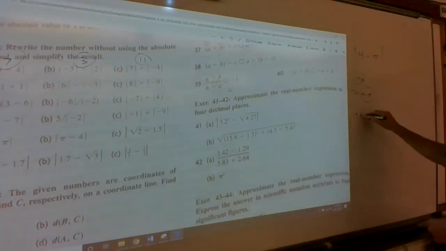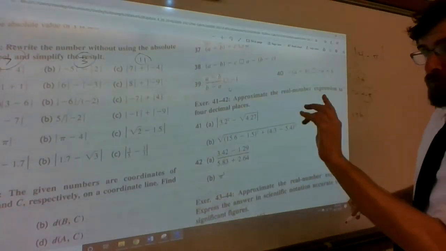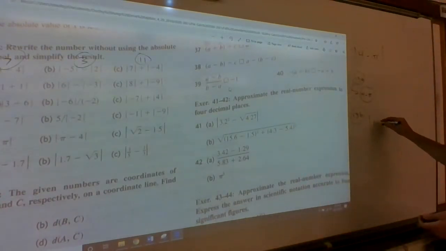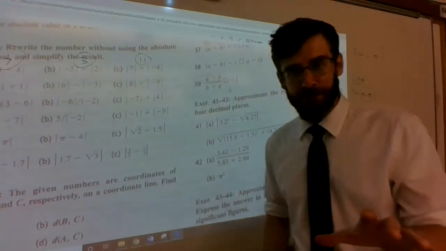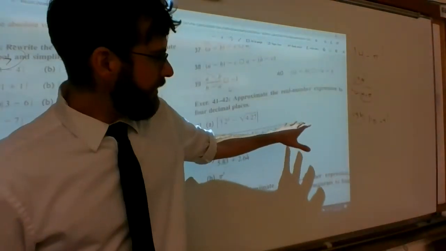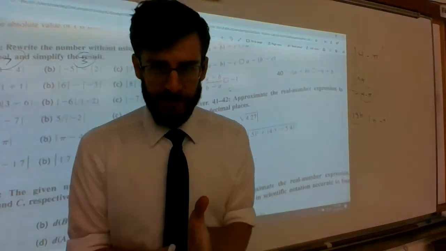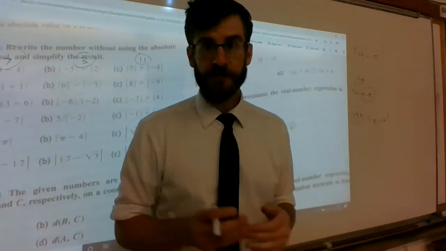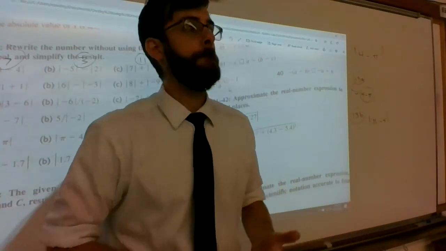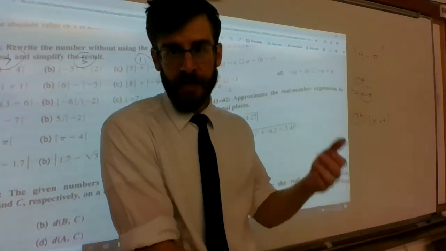Now on the flip side, here's what they do. They reverse them. They say take the absolute value of pi minus 4. Now pi minus 4 is going to give you a negative number for sure. It's 3 point something minus 4. Small number minus a bigger number means it's going in the negative direction.